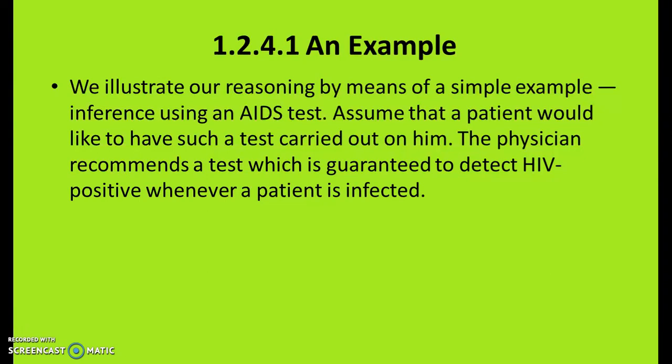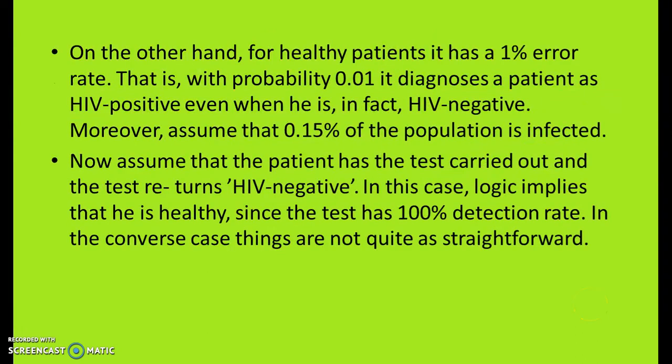In this AIDS test example, if we have healthy patients, there might be a 1% error rate, wherein even if the person is HIV negative, the test might show that person as HIV positive.